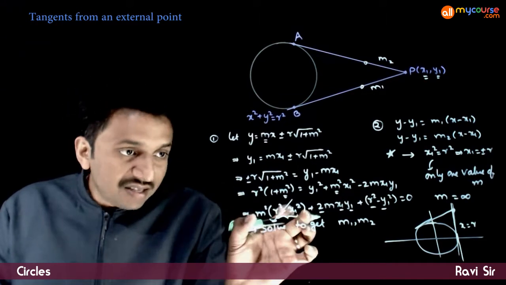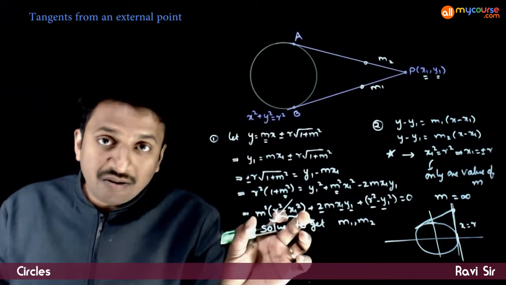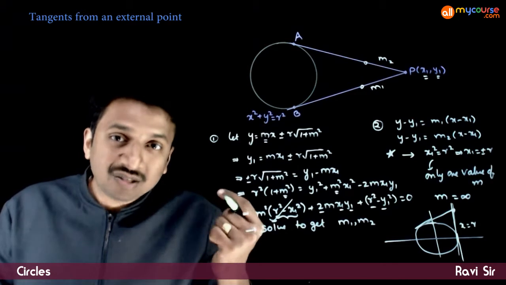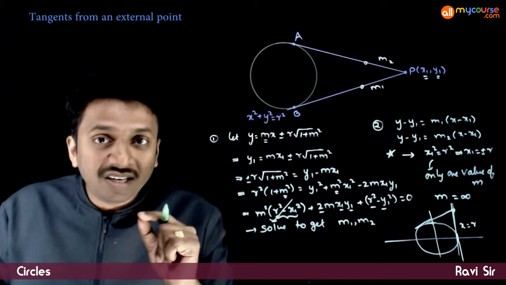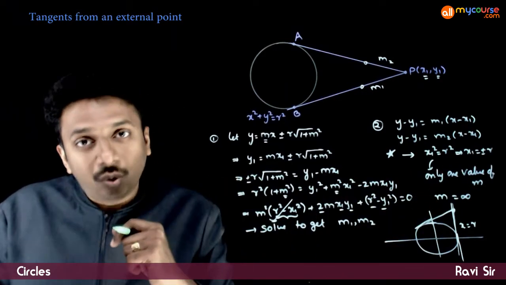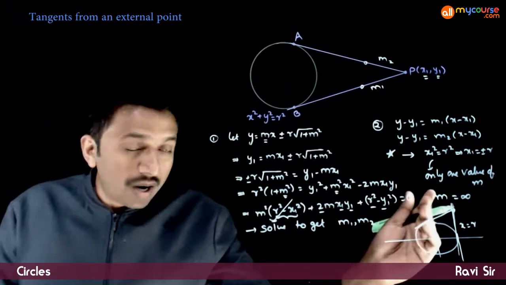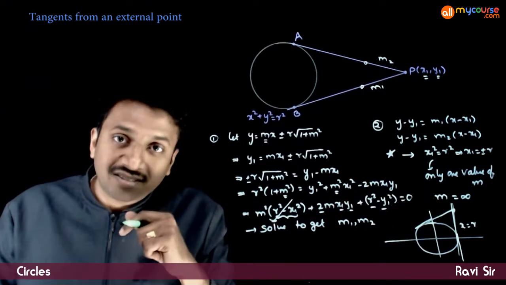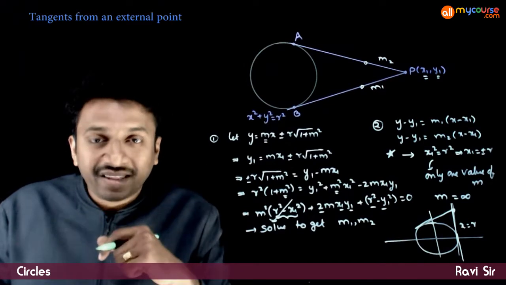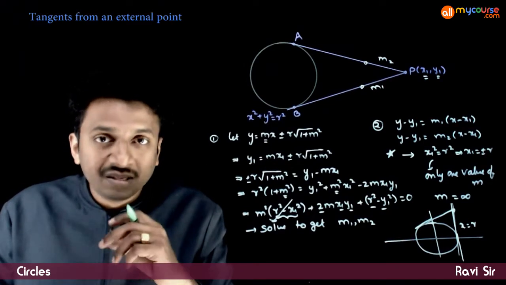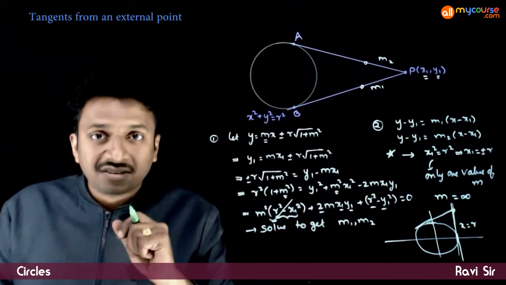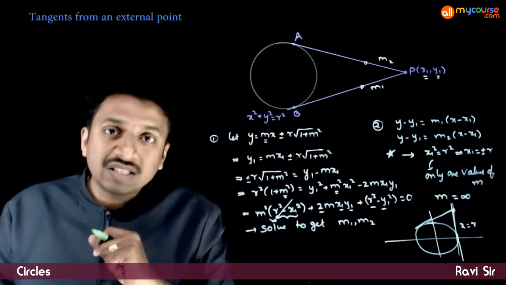In that case, the m² term gets cancelled out, and you need to understand that the slope of the other tangent is infinity, that is, the tangent is parallel to the y-axis. So the tangent is of the form x = constant, x = r. This is fine. Now let us practice how to use this in a standard problem.